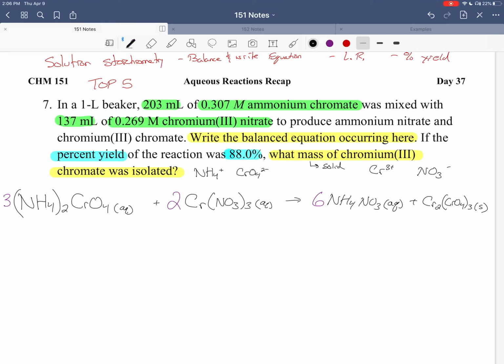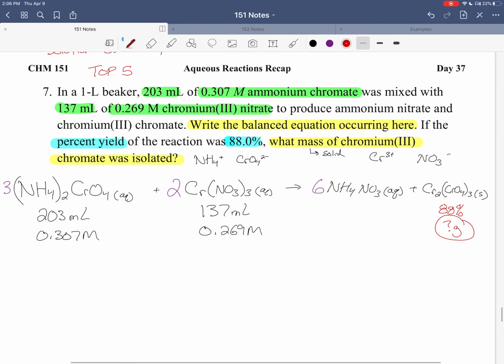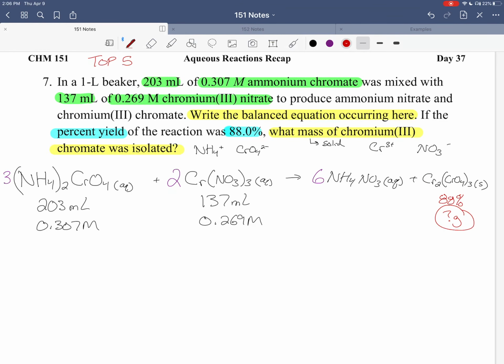Then we have 203 milliliters of 0.307 molar. We have 137 milliliters of 0.269 molar. And we have 88% yield. How many grams are we getting? All right, first things first, we have to find the moles.